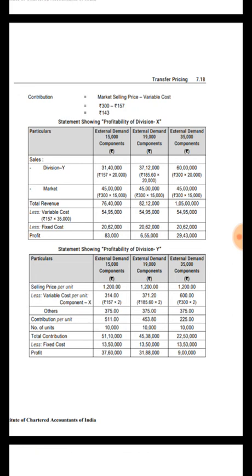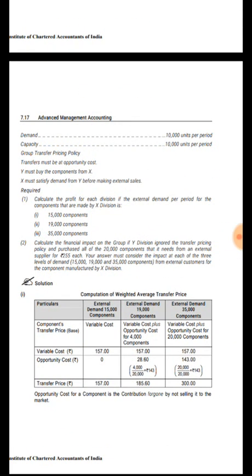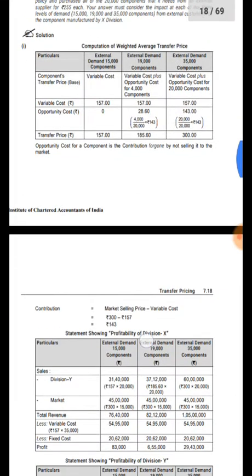Sales minus cost, obviously. So say sales, because the policy is Y must buy the component from X and X must satisfy demand from Y before making external sales, and transfer must be at opportunity cost, which we got here.